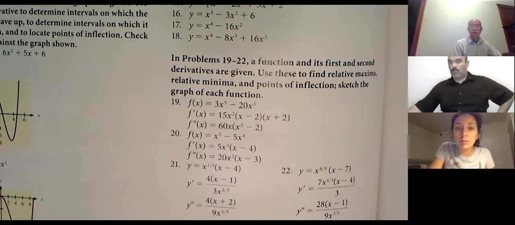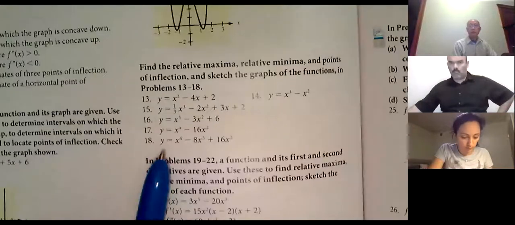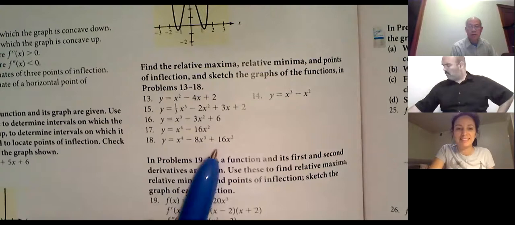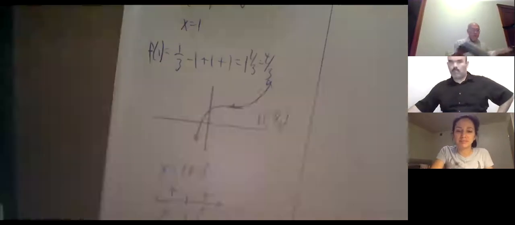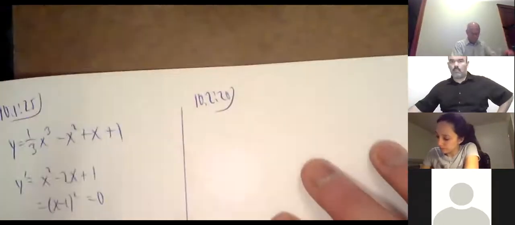The problem 18. Okay. Thank you. So this is the one, right? X to the 4th minus 8x cubed plus 16x squared. Okay. Yes. Thank you. I'll write it as 10.220 because that's what all of you have.